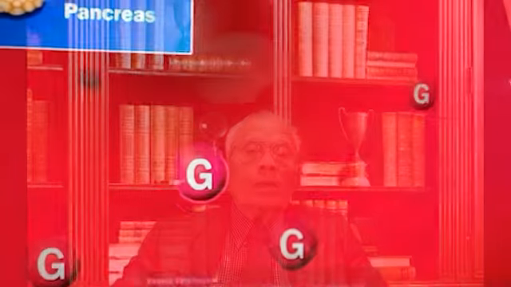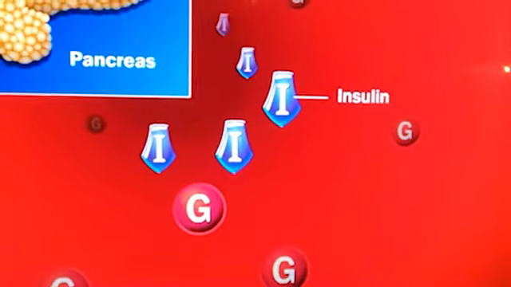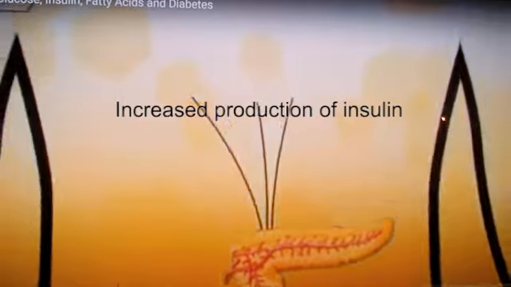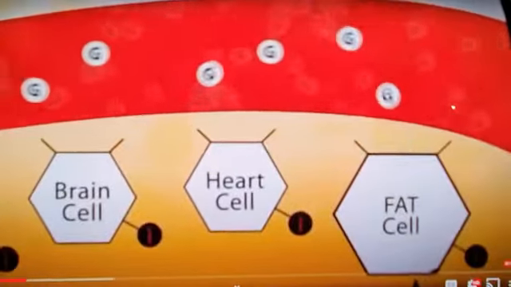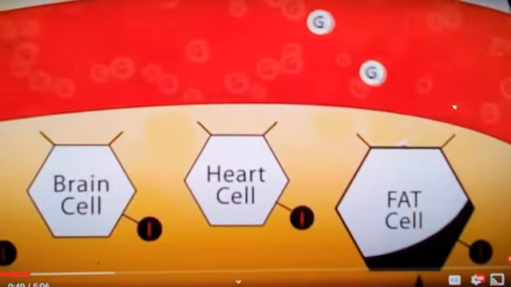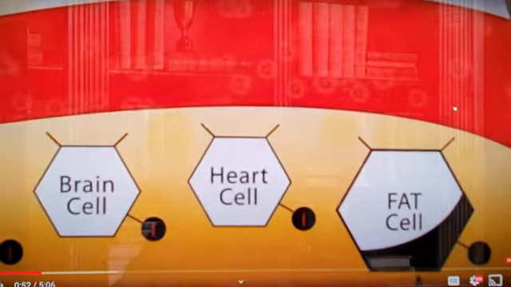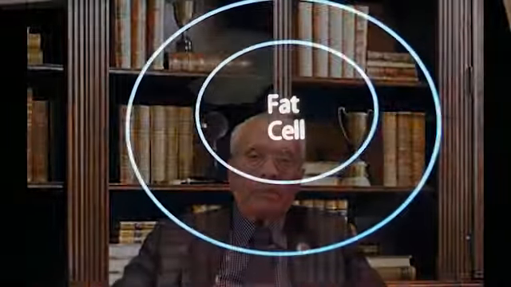The pancreas needs to produce more and more insulin in proportion to the high sugar carbs intake. This increased production of insulin helps to store more and more sugar as fat in the fat cells. Fat cells seem to grow bigger and bigger. There's a limit to getting bigger, and at that saturation point, the fat cells are in trouble. They are almost about to burst.